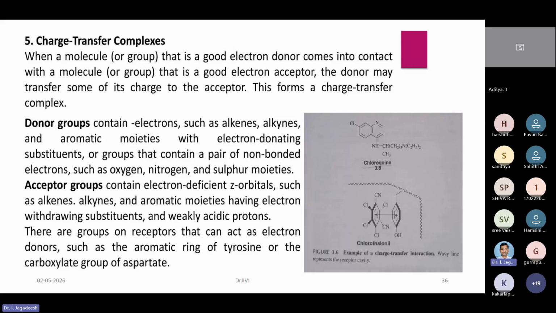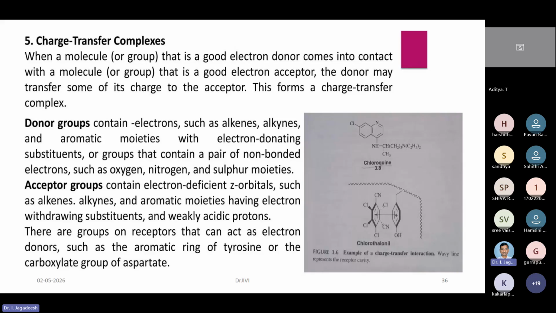The donor groups contain electrons, like alkenes, alkynes, and aromatic moieties with electron-donating substituents, and groups that contain a pair of non-bonded electrons such as oxygen, nitrogen, and sulfur. The acceptor groups contain electron-deficient orbitals, and these are also alkenes, alkynes, and aromatic moieties.